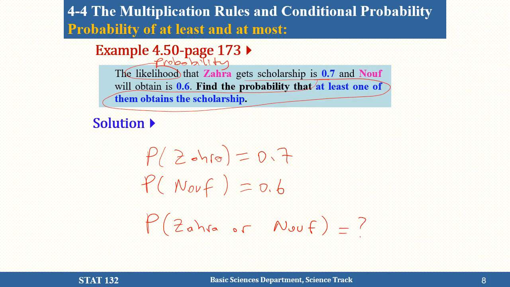So we can use the complement, which will be 1 minus not Zahra and not Nuf. So how can you find the probability of not Zahra and not Nuf?